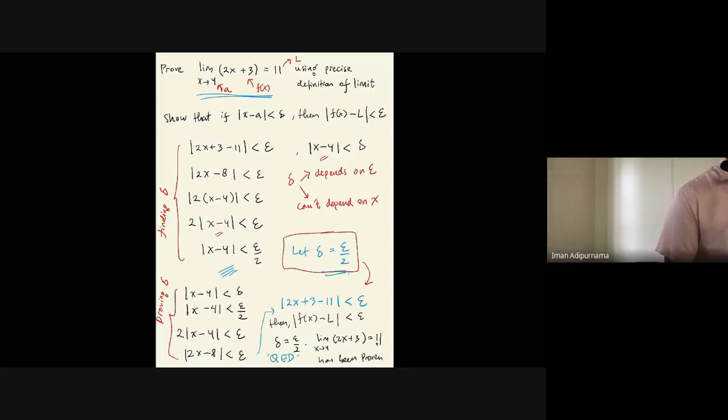So what this note means is, you need to find the expression for delta and epsilon exactly like this, or similar to this. So you cannot have any x in epsilon.